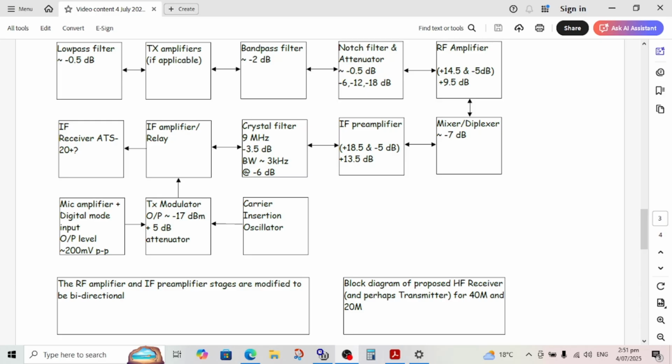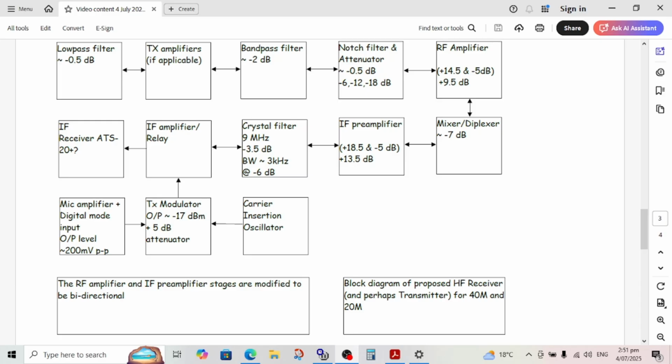The block diagram shown is a layout of the separate modules in the receiver front end. The antenna signal, or the signal generator, will come in through the low-pass filter on the top left.